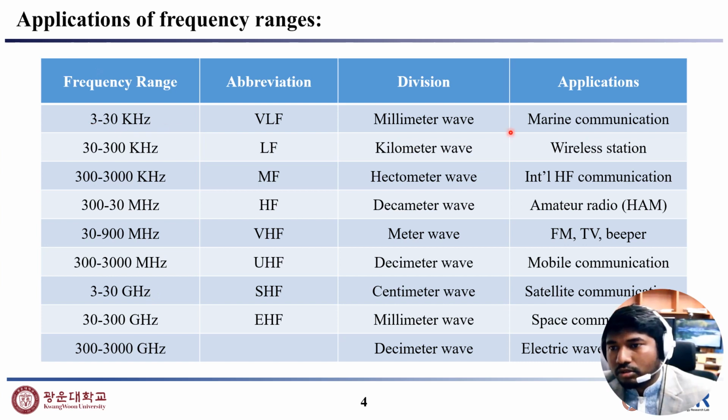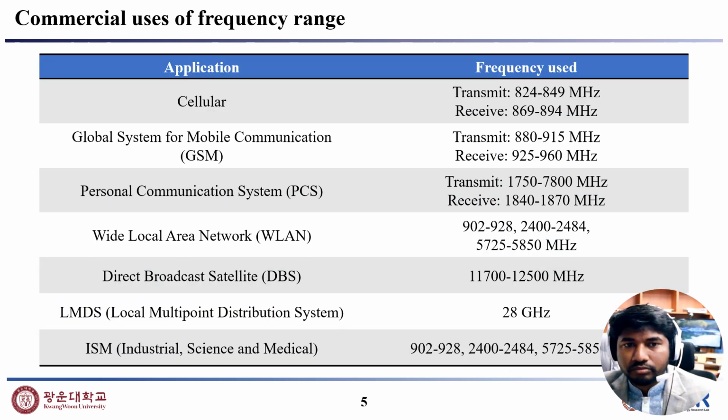3 to 30 kilohertz for marine communication, 30 to 300 kilohertz for wireless station, 300 kilohertz to 3000 kilohertz for AM/FM communication, 3 to 30 megahertz for amateur radio, and 30 to 300 megahertz for FM, TV, etc. 300 to 3000 megahertz for mobile communication and satellite, and 3 to 30 gigahertz for satellite communication, and so on.